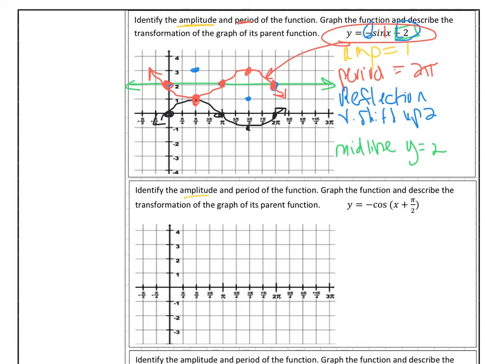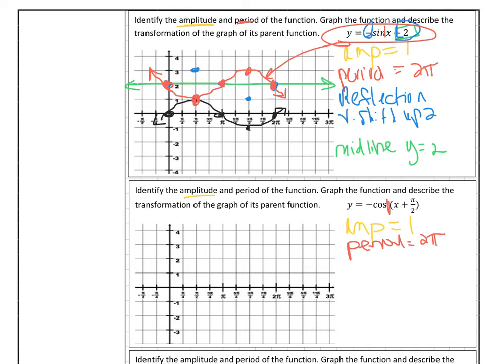Okay, I'm just going to keep chugging right along. Amplitude for our negative cosine of x plus pi over 2 is 1. Our period is 2 pi divided by b. In this case, there's no number other than 1 multiplied in front of the parentheses or in front of the x.